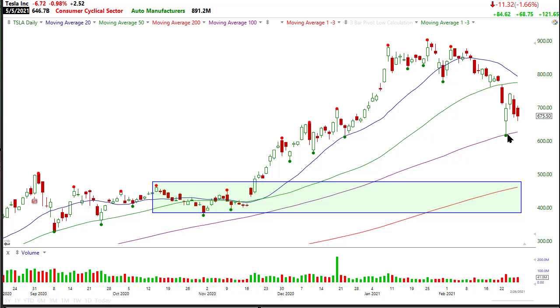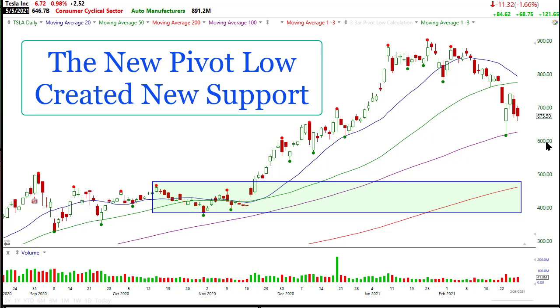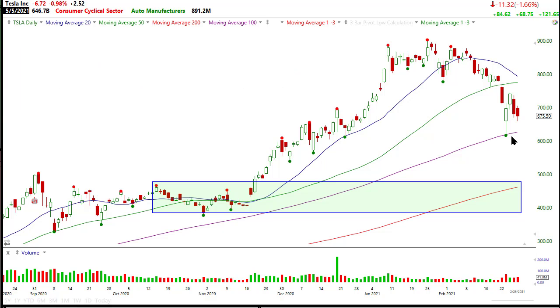Now, we don't know if that'll hold. It might just break down right through it. 600 being a whole number, it might stall there. We could get a W bottom even if it breaks the low. But if this continues to correct, you see this big green area here that I've got marked off that's in alignment with the 200 period moving average, could be where this is headed to.